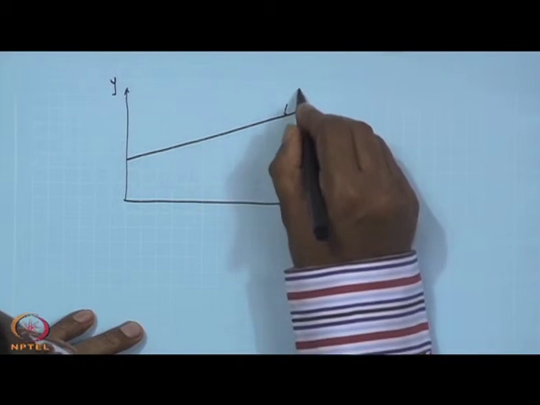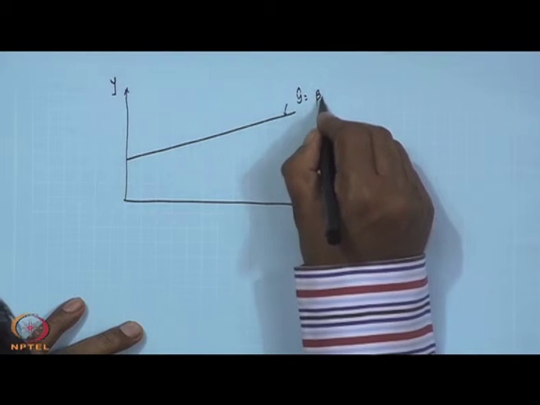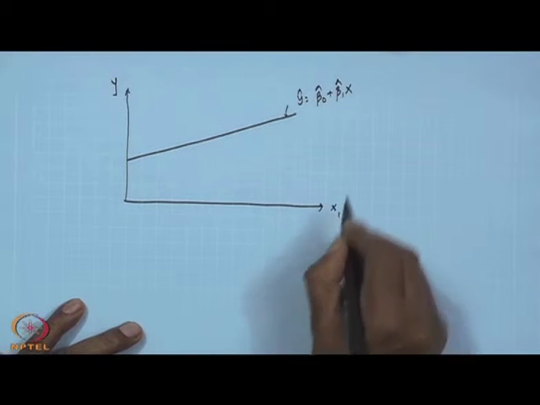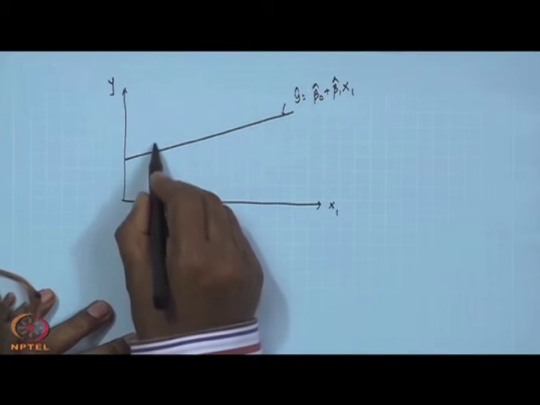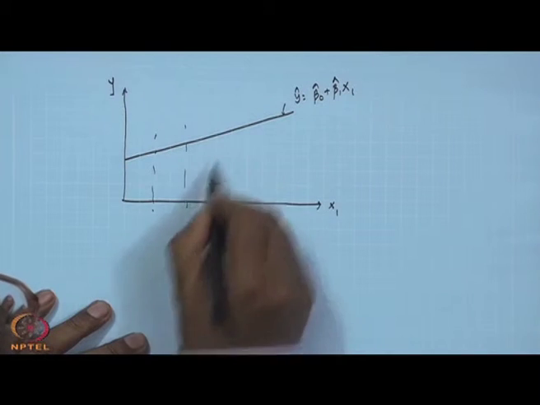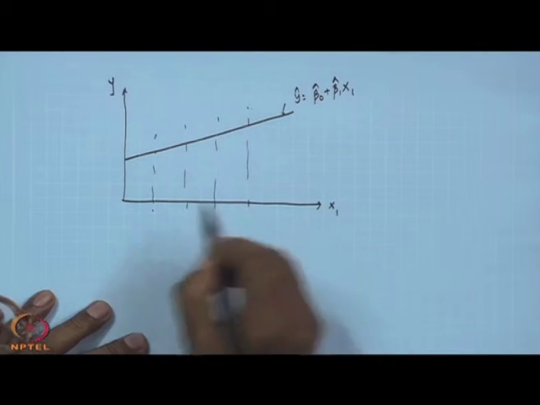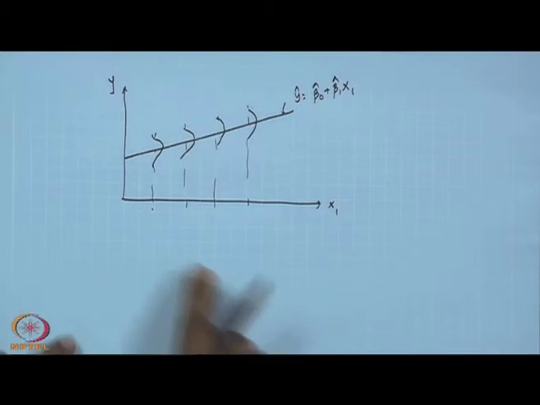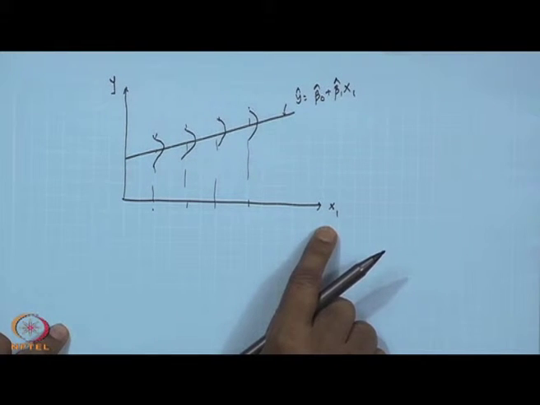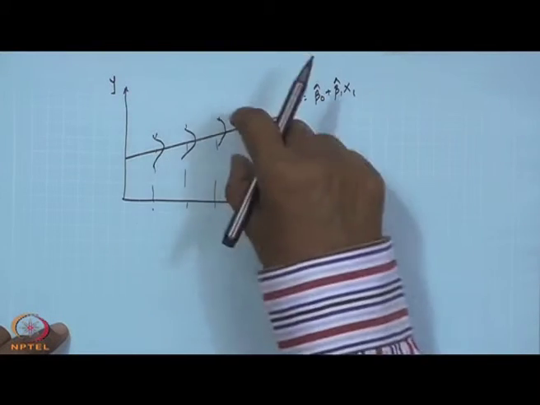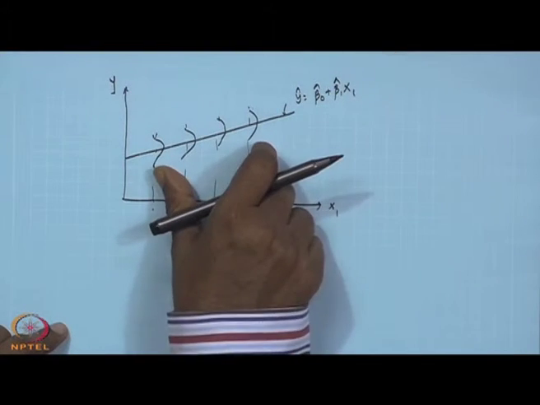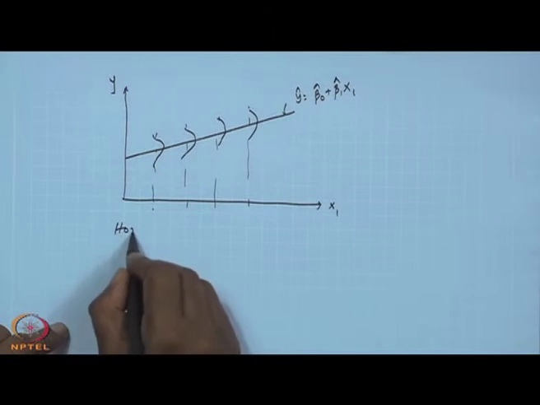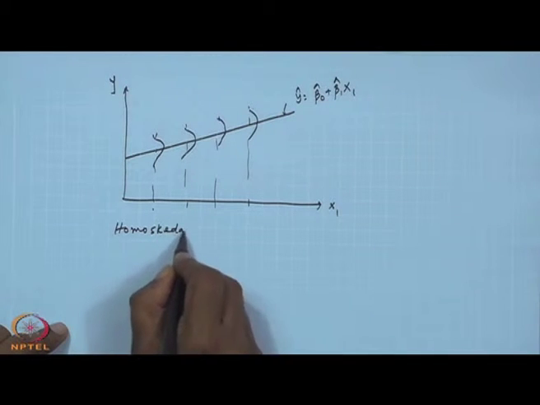Your fit is y cap equal to beta 0 cap plus beta 1 cap x1. There are many values of x1, and we assume that across all values of x1, y's variability remains constant, that is equal variance. This is the condition called homoscedasticity.